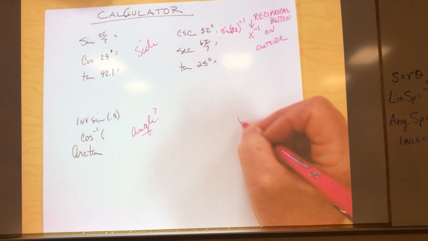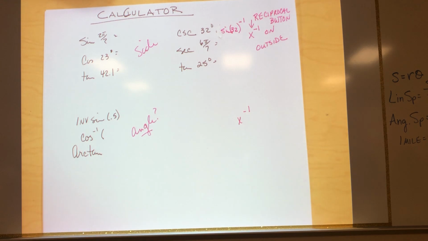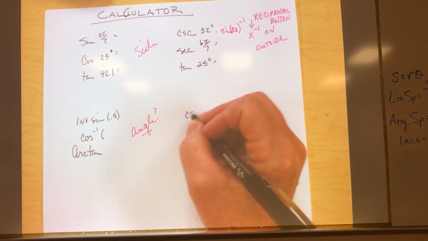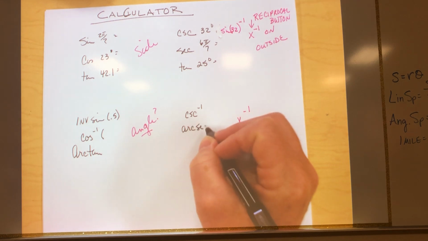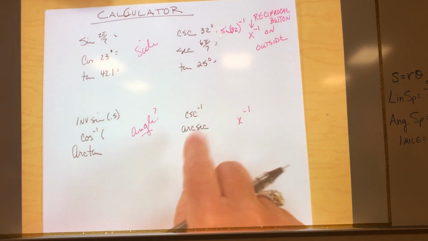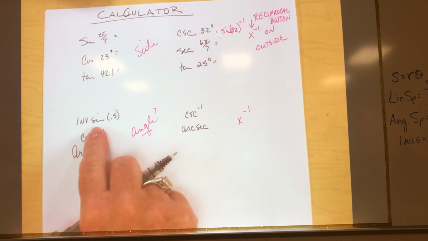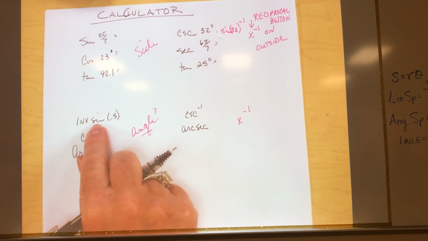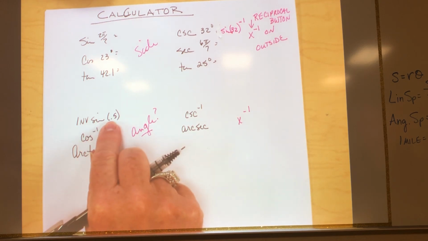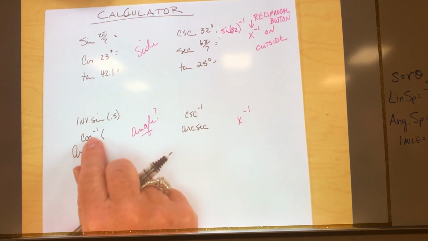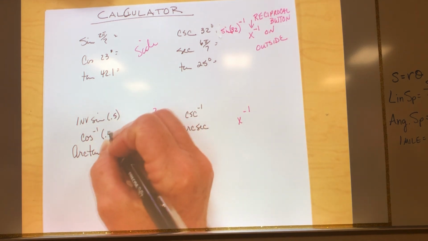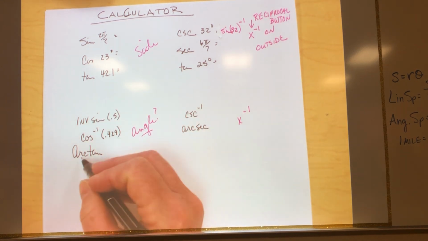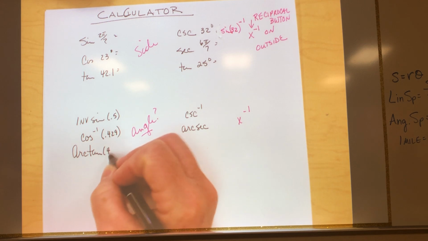Where does my x to the minus 1 go if I'm doing these over here? Cosecant, inverse cosecant, arc secant. All of these things mean the same thing. It says, what angle has a sine of 0.5? This would be what angle has a cosine of 0.429. What angle has a tangent of 42.3?